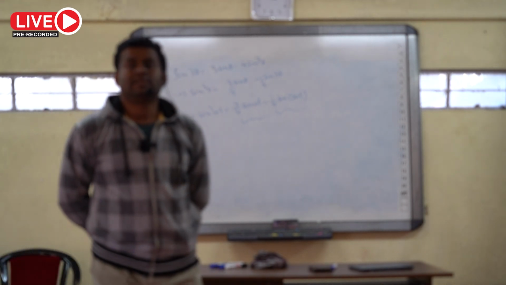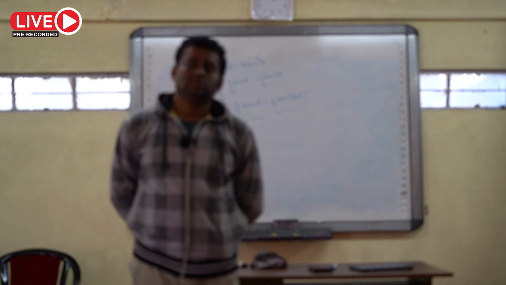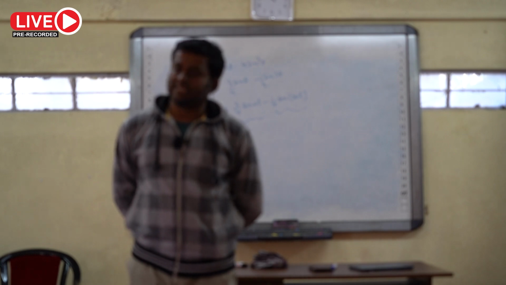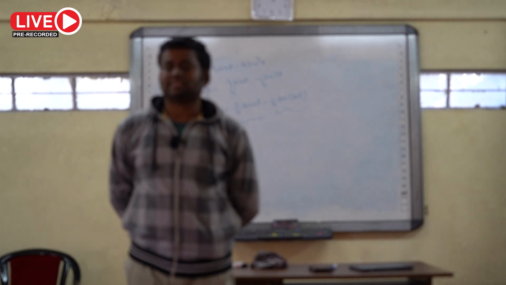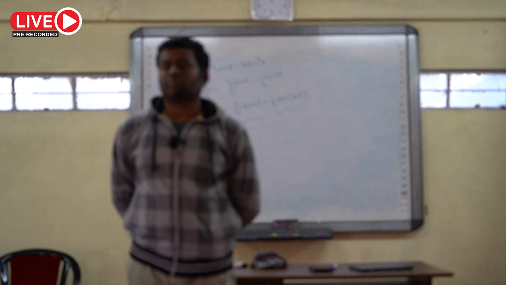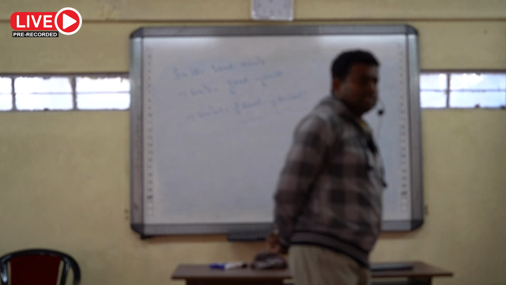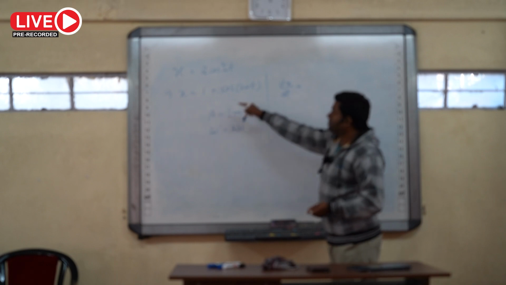Other method is to differentiate it twice with respect to t and find acceleration and check whether acceleration is equal to minus omega square x or not. Acceleration is proportional to minus x or not. Means restoring force is coming or not.